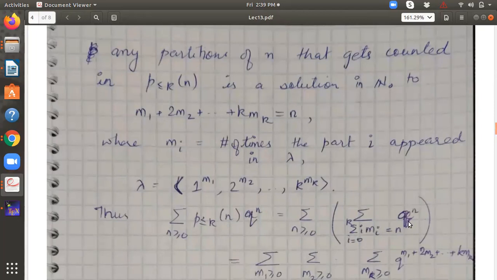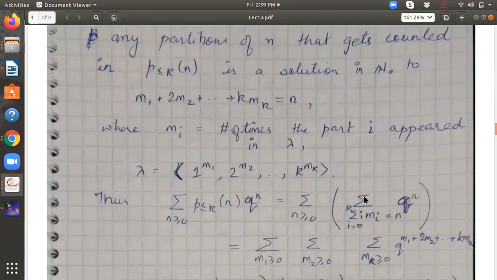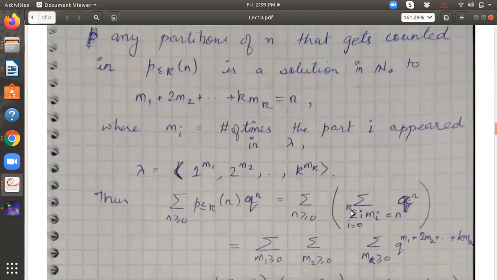You run your q raised to n over this summation. But now doing this is same as taking m1, m2 and so on, all of these, you have collected all these values since n is varying from 0 and so on till infinity.